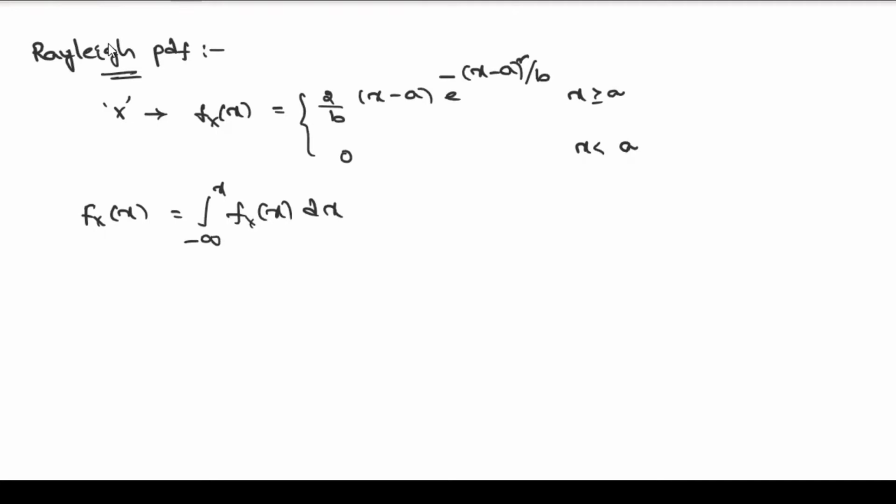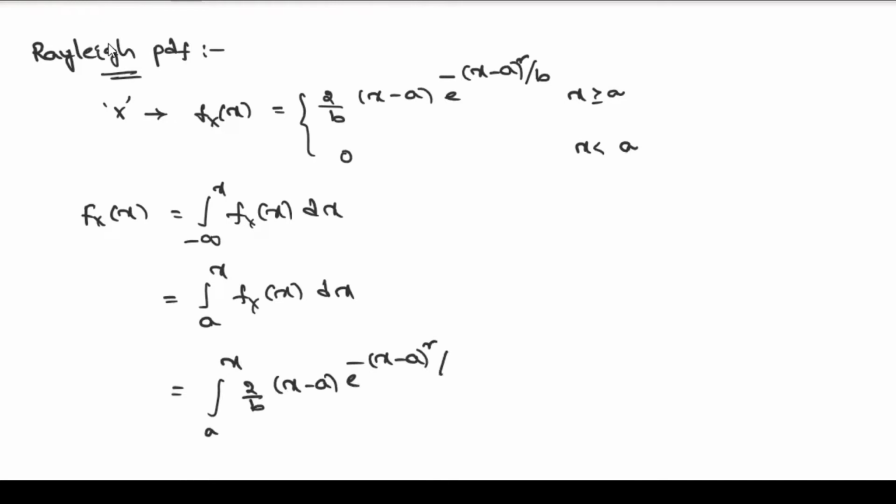So that's why we can take this integration from a to x. Now we can substitute here: integral from a to x of (2/b)(x - a) e^(-(x - a)^2 / b) dx.